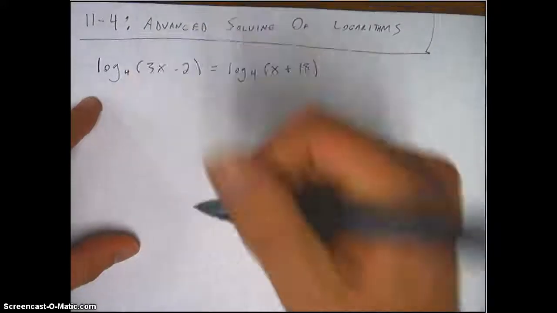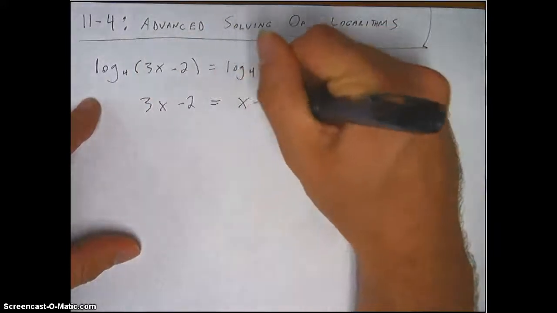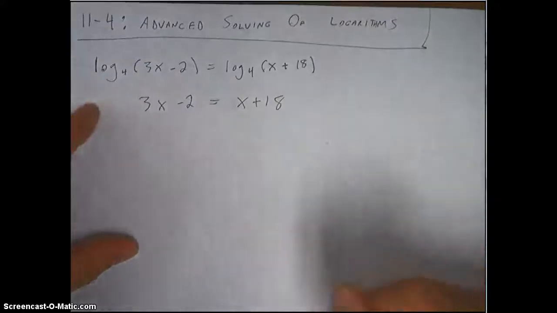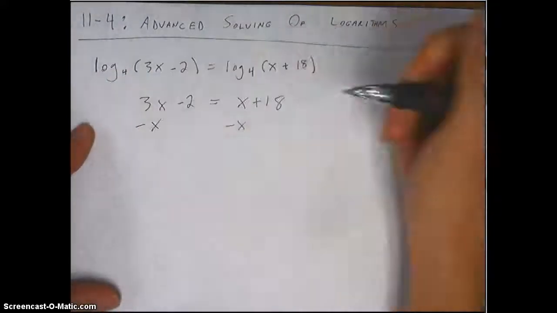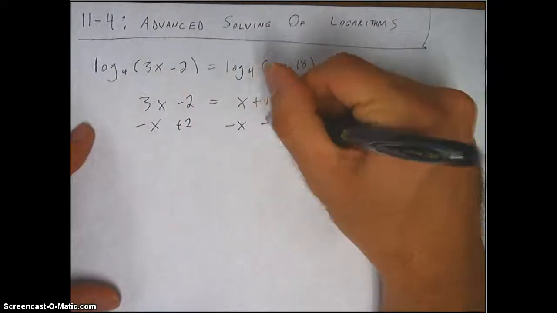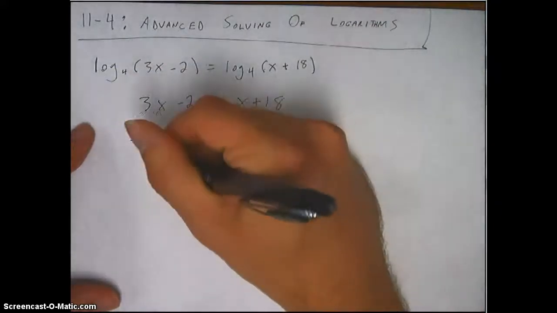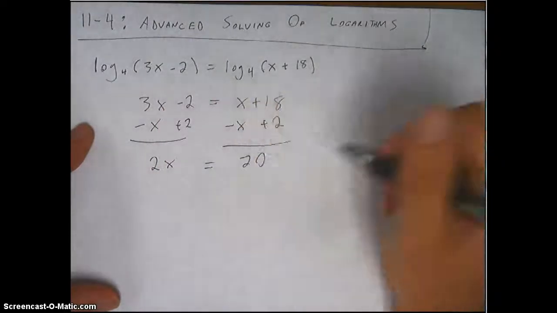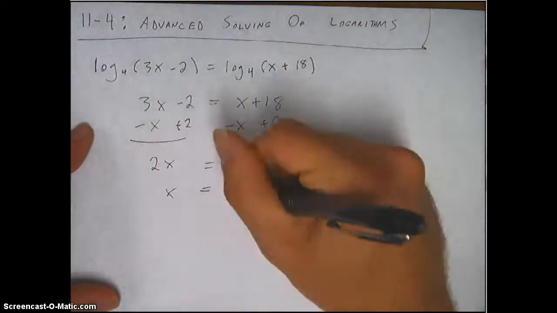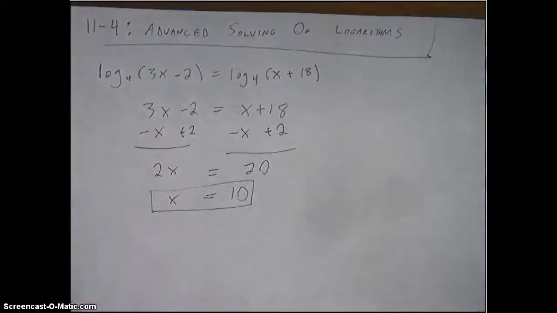So we can just write this as 3x minus 2 equals x plus 18. And from here we're just solving the way we normally do. Minus x, plus 2, plus 2. That gives me 2x equals 20, or x equals 10, which is the solution here.